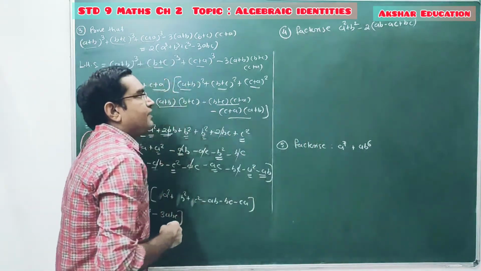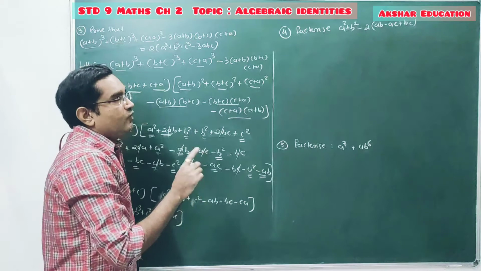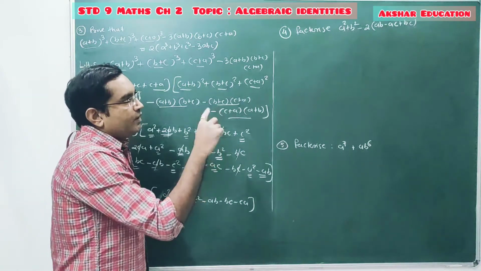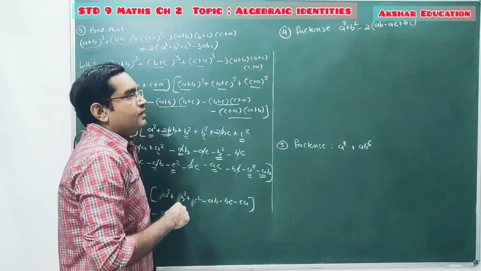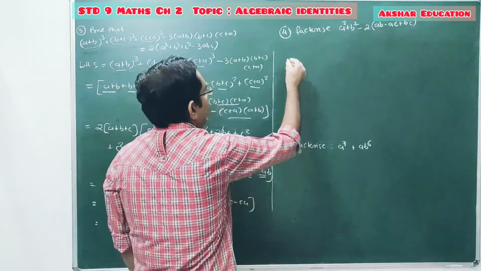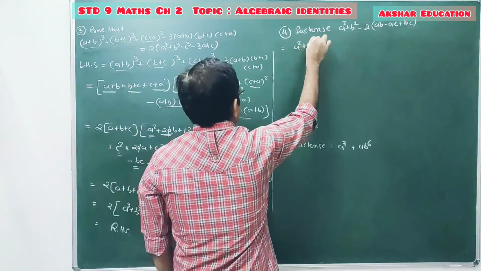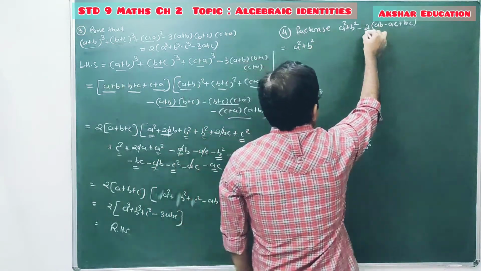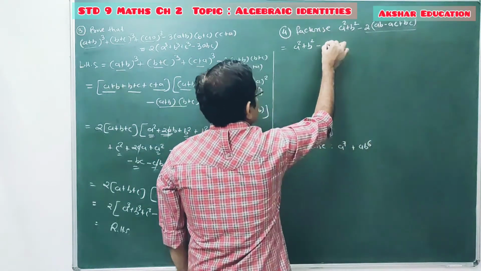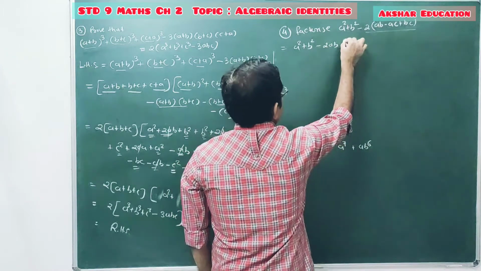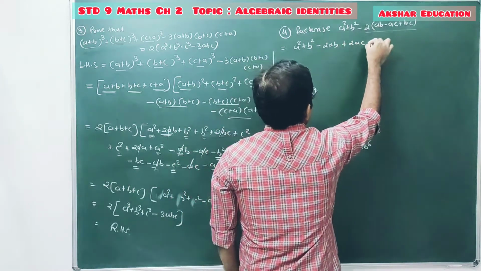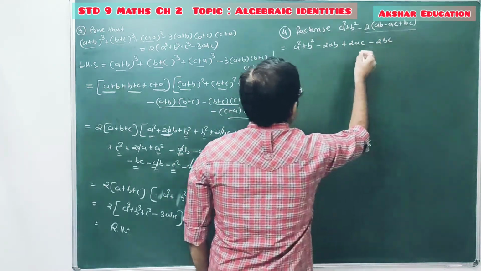You have to factorize a square plus b square minus 2 into bracket ab minus ac plus bc. So how can you factorize? Here a square plus b square is there. Now perform expansion over here. It's minus 2ab plus 2ac minus 2bc.